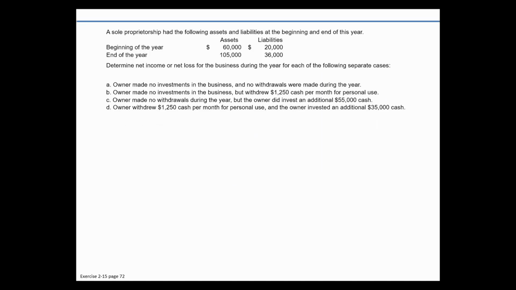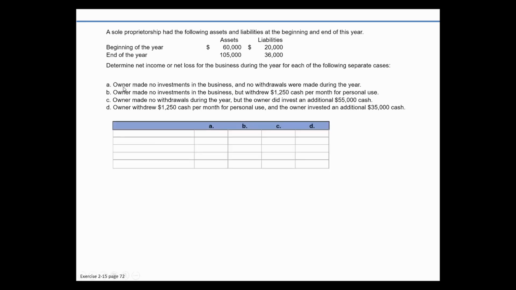So now we're going to learn how to figure out our net income. A sole proprietorship had the following assets and liabilities at the beginning and end of the year. Determine net income or loss for the business using the following cases. First of all, if at the beginning of the year we had $40,000 in equity, we'll say that for each one.